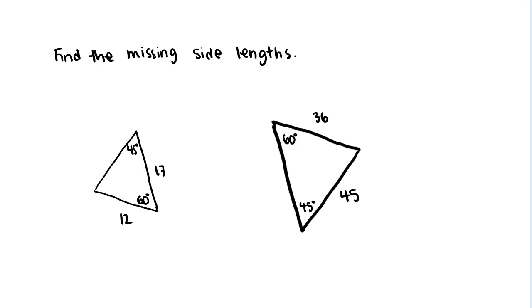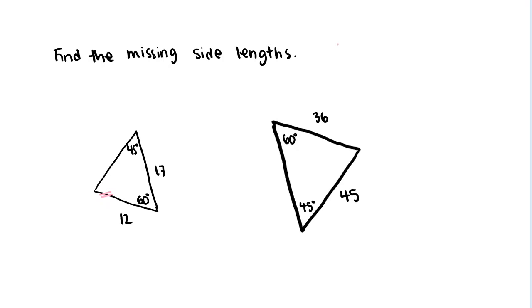So the first thing I notice here is that there's a missing angle, an angle here that we're not aware of. One fact about triangles is that when you add up all of their angles, you should get 180 degrees.